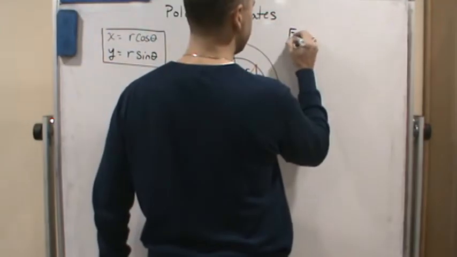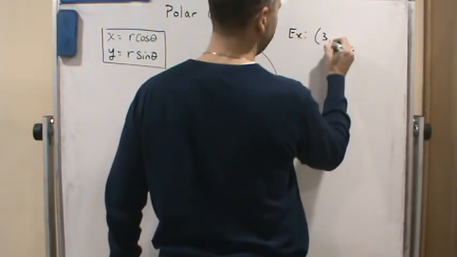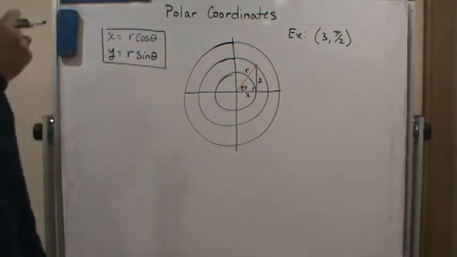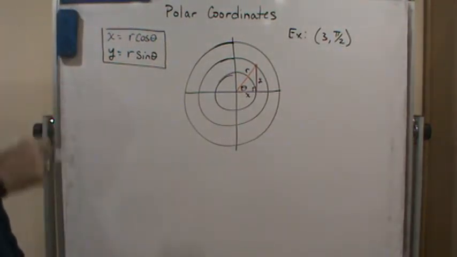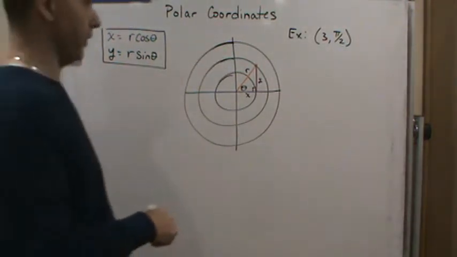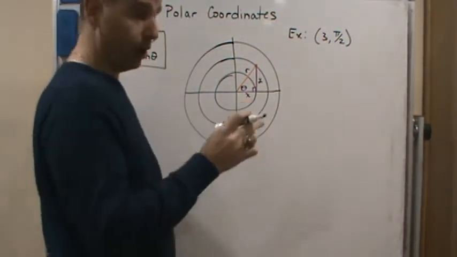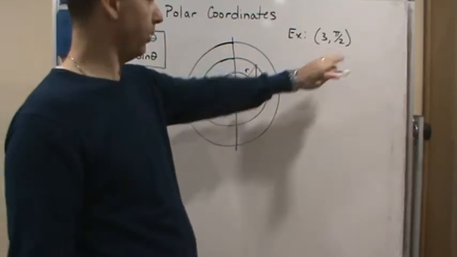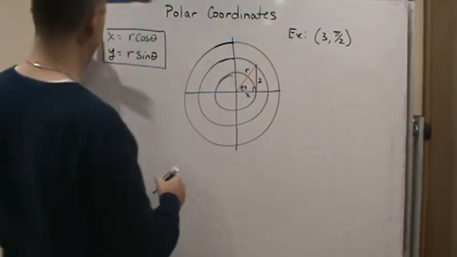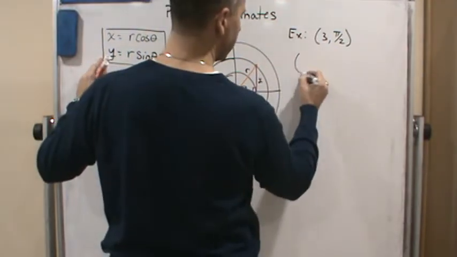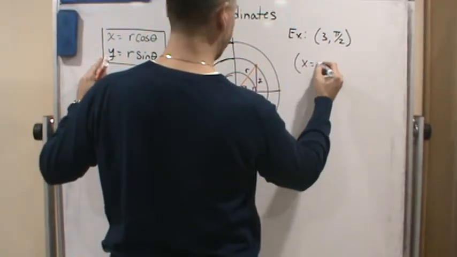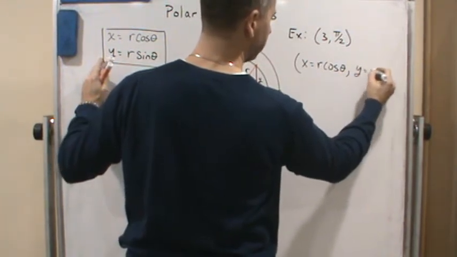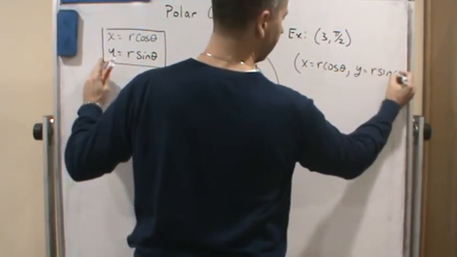So here we have 3 comma pi over 2, and we want to find the rectangular coordinates for these polar coordinates, the equivalent point. We want to represent the same point using rectangular coordinates. So we're going to use the fact that x equals r cosine theta, comma, y equals r sine theta.